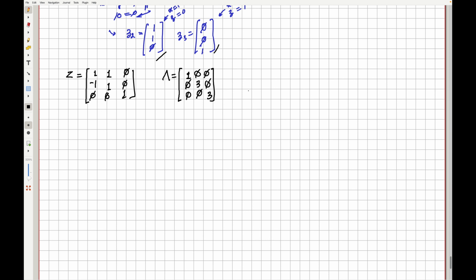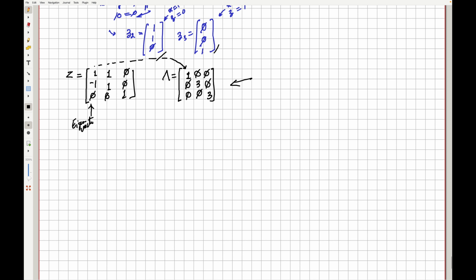This is the big finding of all the calculations that we have done. Each column is an eigenvector, and associated with that vector is a specific eigenvalue in this particular matrix.